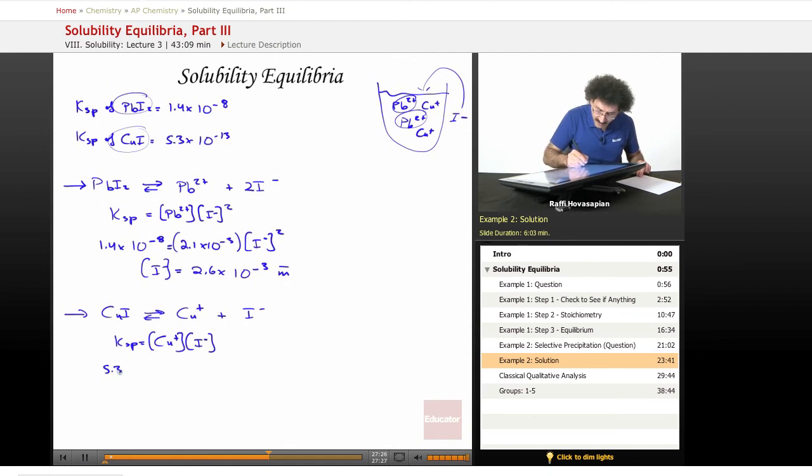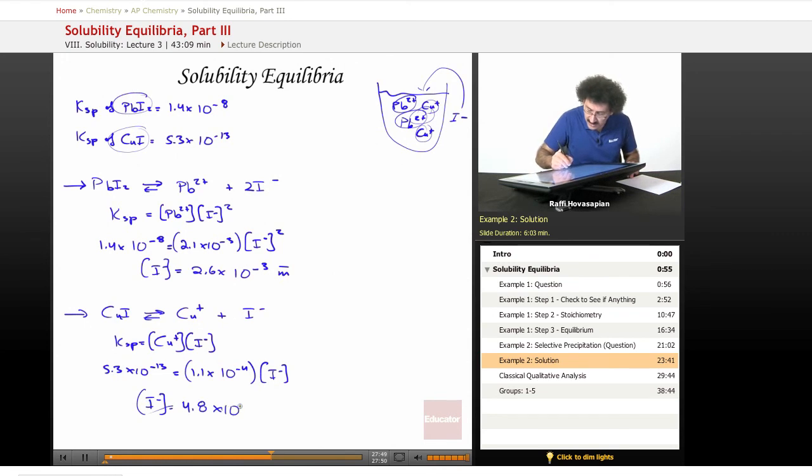So we have 5.3 times 10 to the negative 13 equals, well, they gave us the copper ion concentration to begin with. What's floating around in solution was 1.1 times 10 to the negative 4. And then just multiply by the iodide concentration. The final iodide concentration equals 4.8 times 10 to the negative 9 molarity.